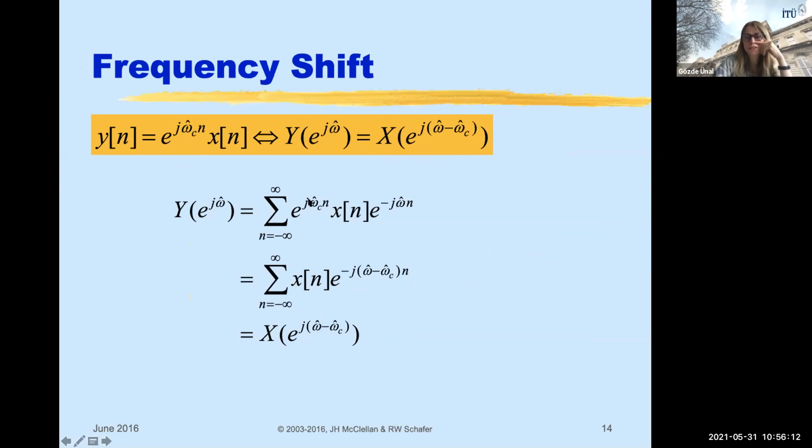You can show this by the definition of the Fourier transform. I just inserted y of n here, and then my Fourier basis is shifted, and this is really the Fourier transform of x with a shifted frequency.